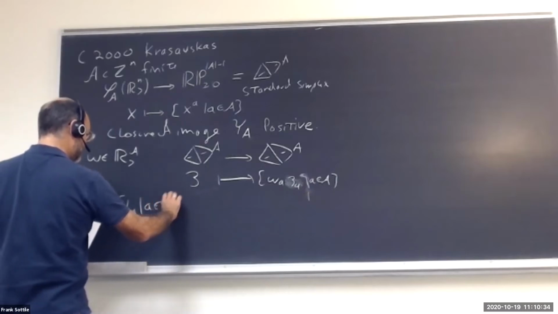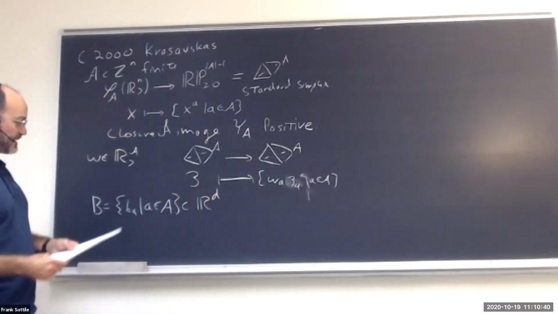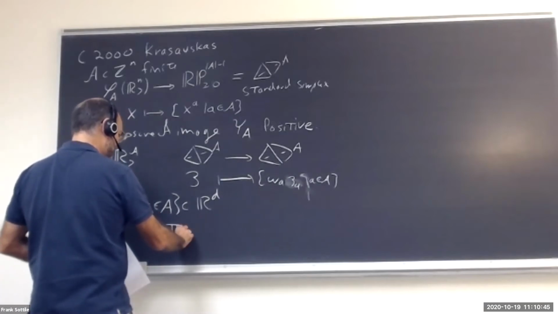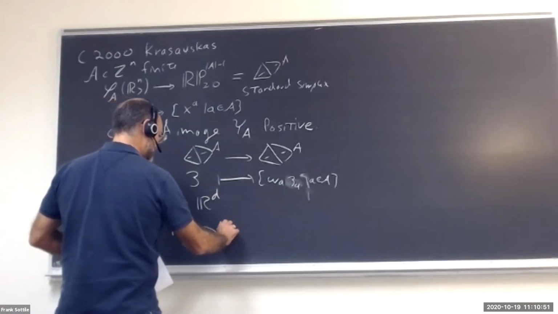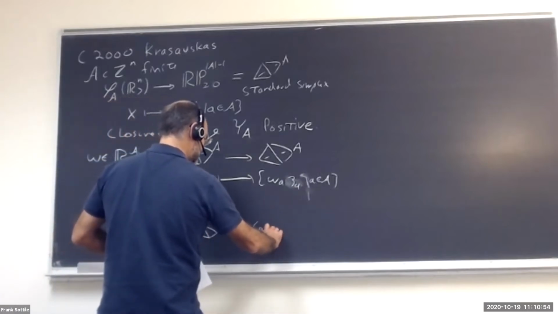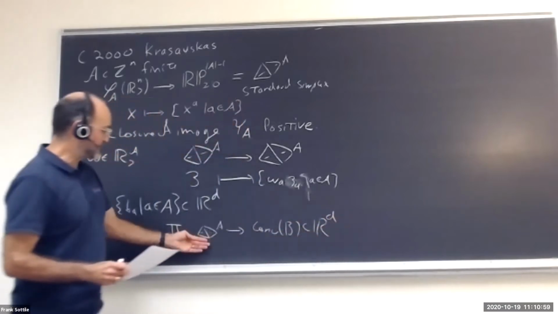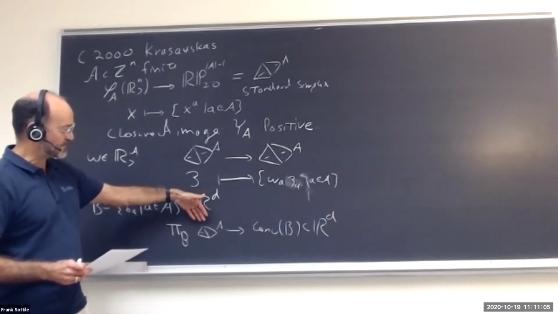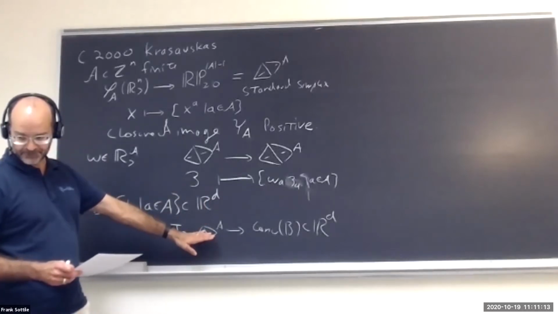You take a collection of points B in R^d, like say 2 or 3 dimensional space, and there's a natural parameterization map from the standard simplex to the convex hull of these points. Every point in the simplex is a collection of non-negative real numbers whose sum is 1, and you simply take the corresponding convex combination.